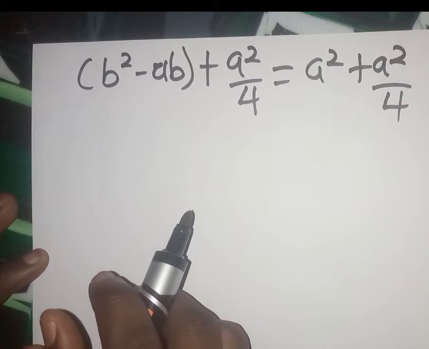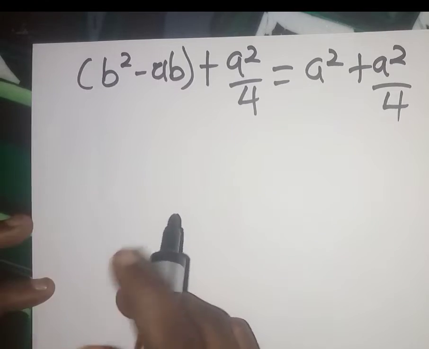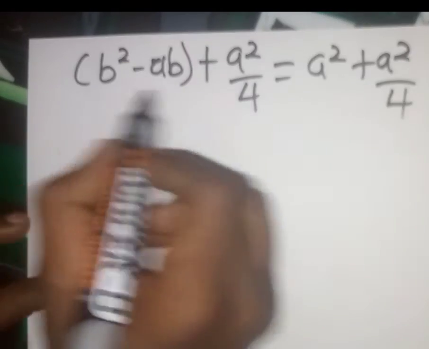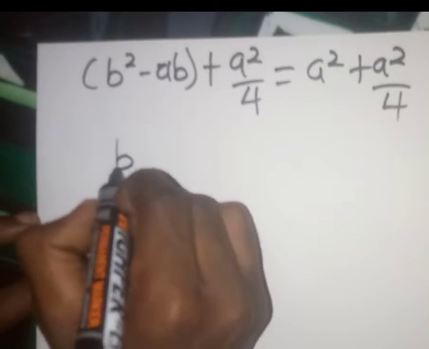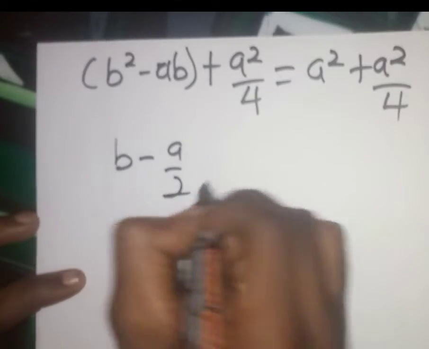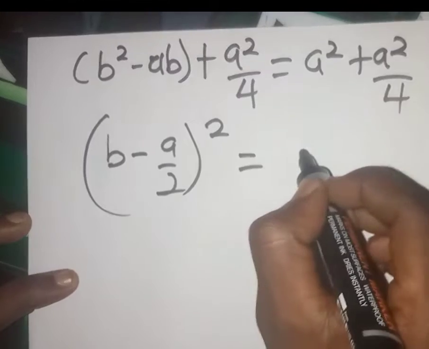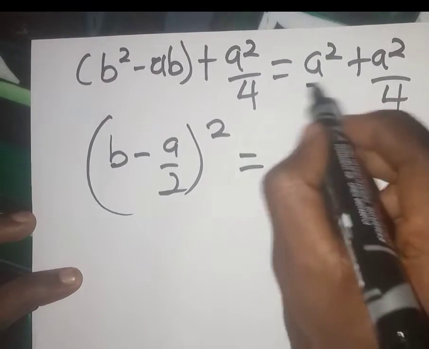Now with this perfect square, let's write this very well. Just factorizing this, we have b minus a divided by 2 here, all squared, being equal to, over here just find the LCM.